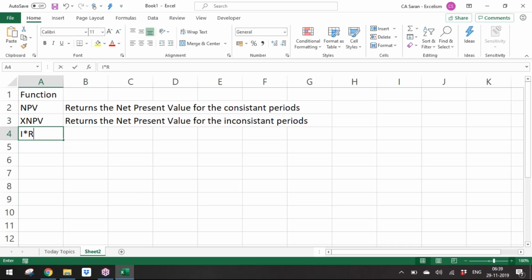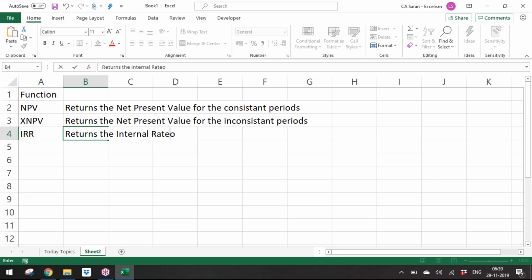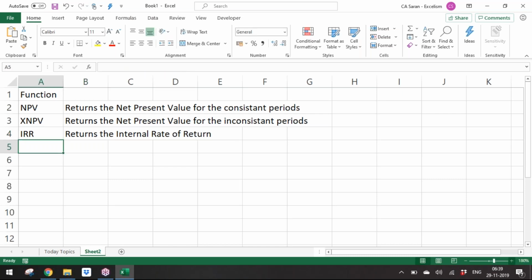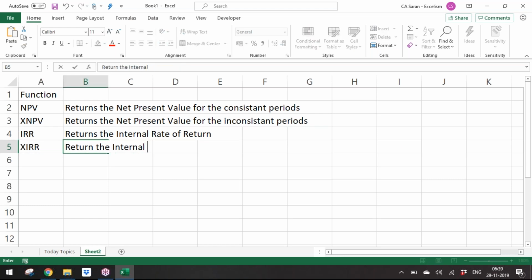There is a function named IRR. We all know it. IRR returns the internal rate of return. XIRR is exactly the same. Returns the internal rate of return for the inconsistent periods.